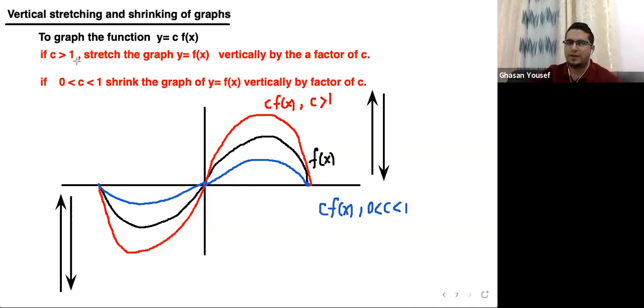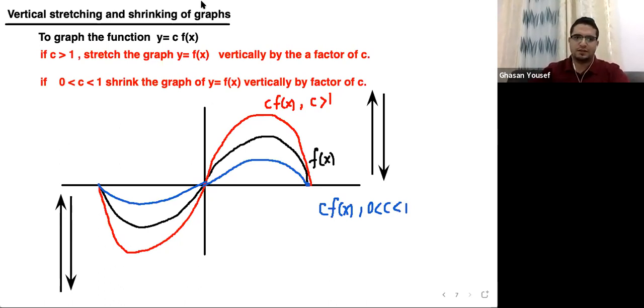That's why here we focus on the positive numbers. Why do we focus on the positive? Because the negative will be reflected, so we don't need it. Is it clear? Now we learned how to graph the function y equals c times f of x.